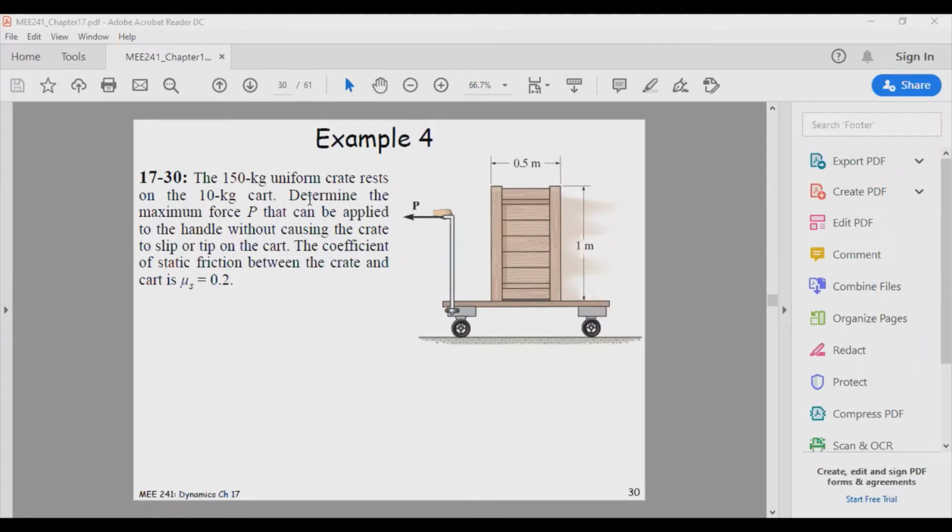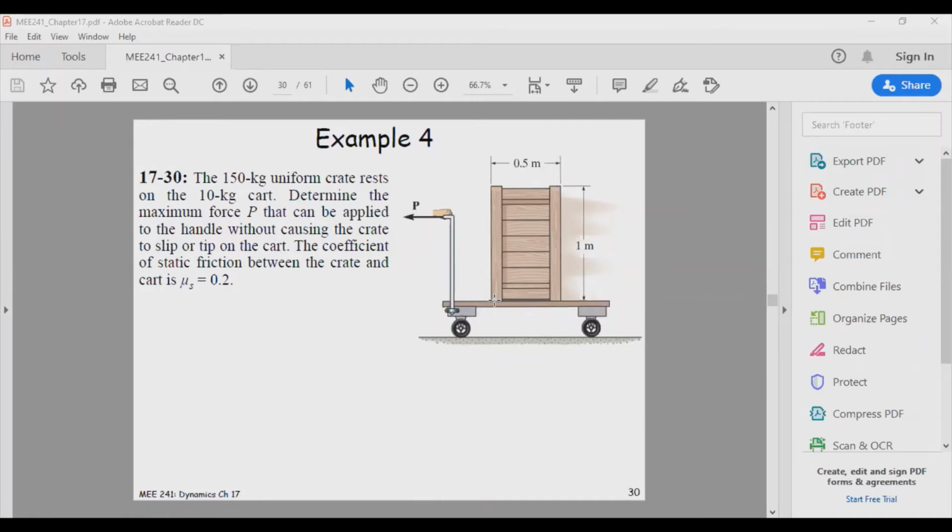What I would like to find out is the maximum value of the force P that could be applied so that there is no sliding between the box and the cart. We also need to find the maximum force P so that the box doesn't tip on this object.